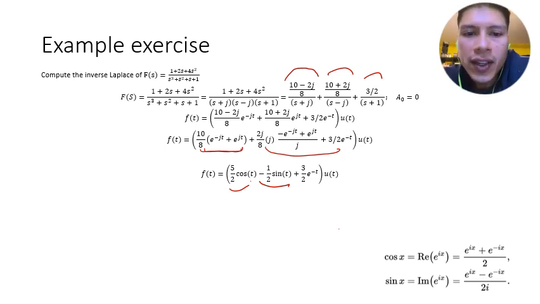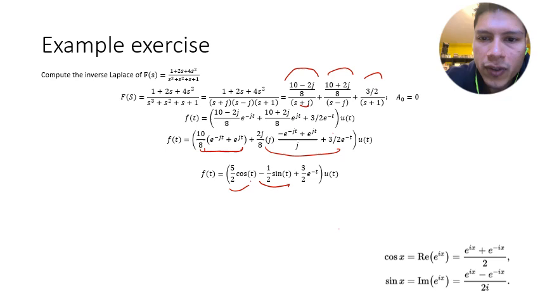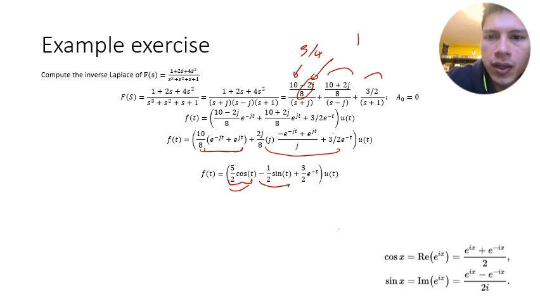Now, one thing to note is that if you look at the s plus j coefficient, half the real part is the value of the cosine part, and half the imaginary part is the value of the sine part. This is 5/4, 5/4, and this is equal to 1/4.